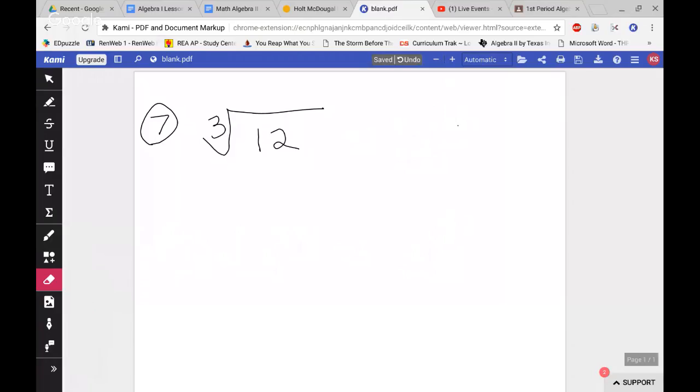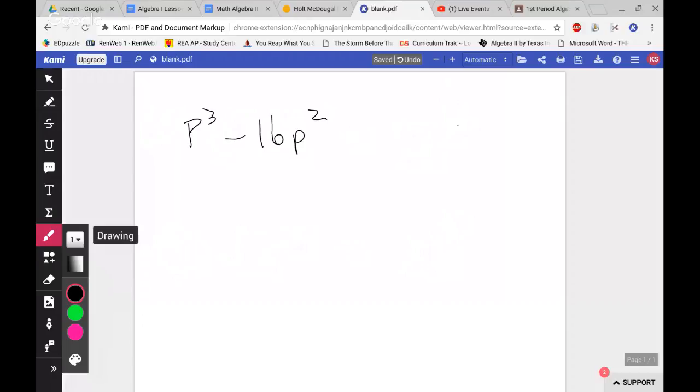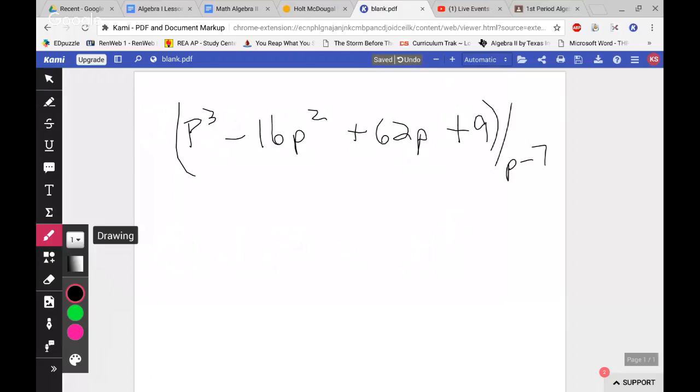So there's one with the synthetic division, and it says p cubed minus 16p squared plus 62p plus 9, all in parentheses, divided by p minus 7. Does it look right on the screen? Yes, ma'am, it does.